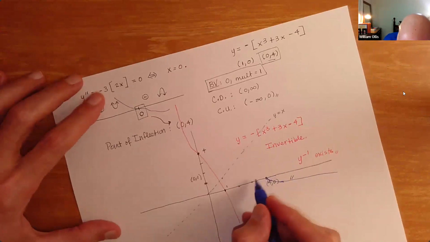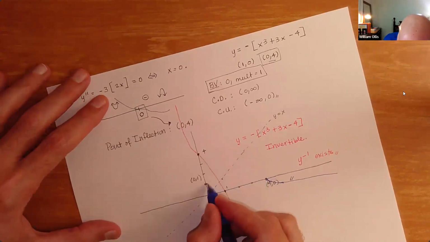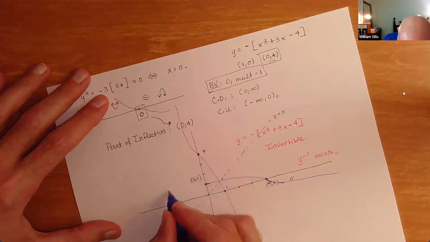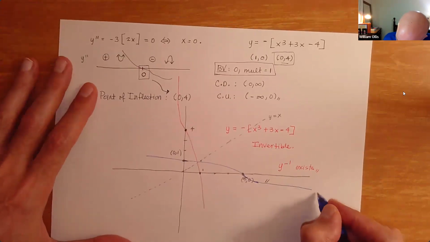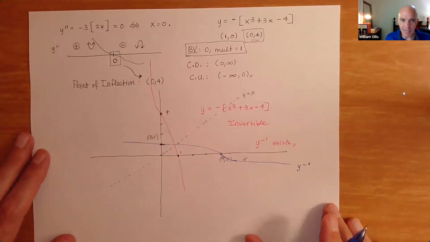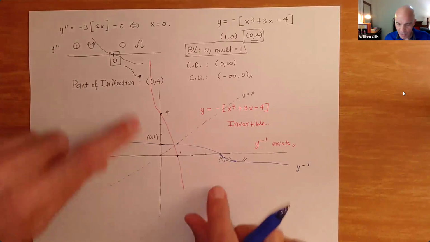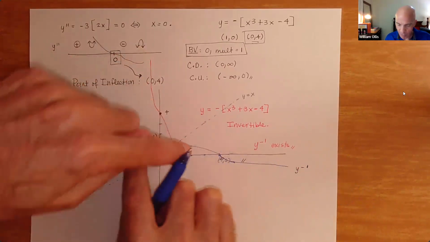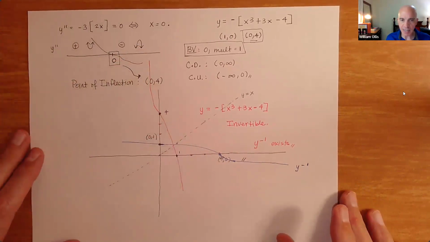And then we have to come across and pick this up, like that. So this would be y inverse. Again, using the symmetry, this part here coming this way, picking up this point, and then moving that way. So we get a nice symmetry there.